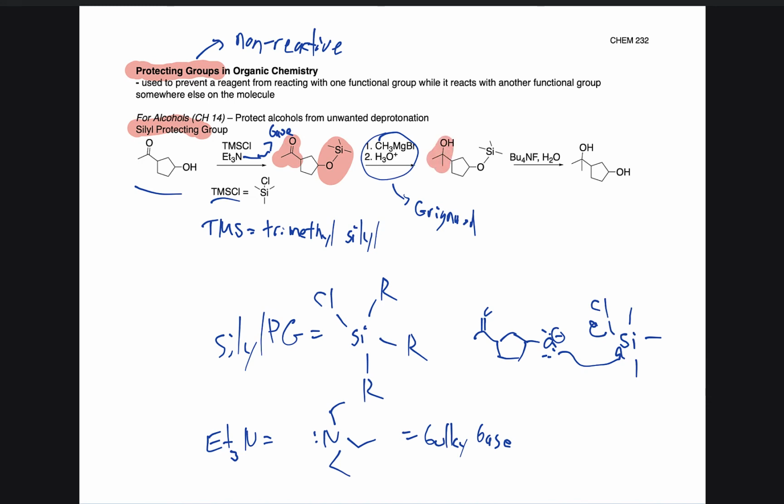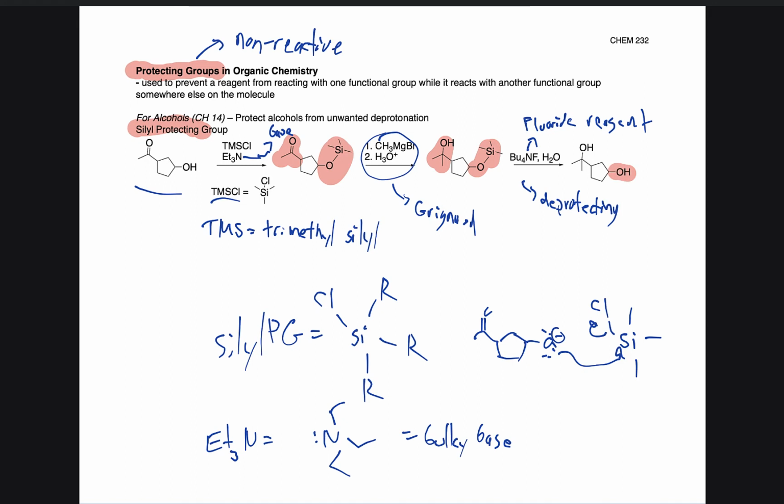The last step here, we have this group, tetrabutylammonium fluoride. This is a fluoride reagent. And all this step is saying is that we are deprotecting the alcohol. This is removing the protecting group to go from our TMS oxygen back to our regular alcohol.